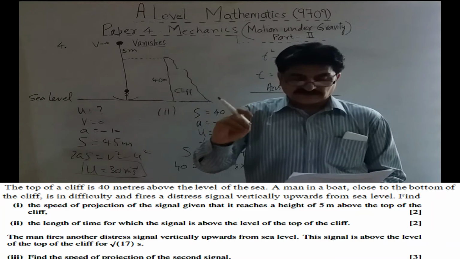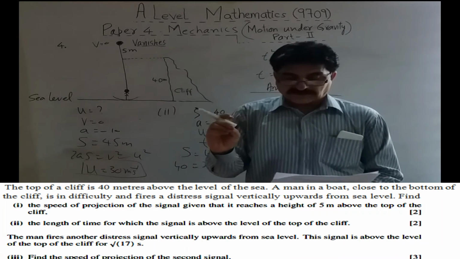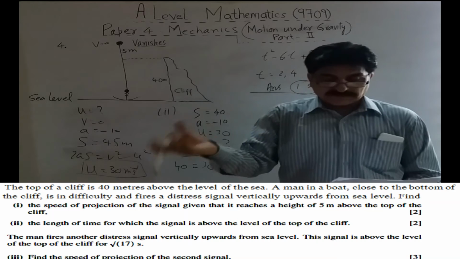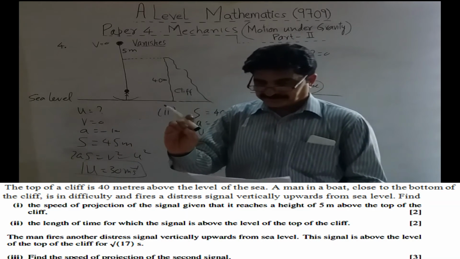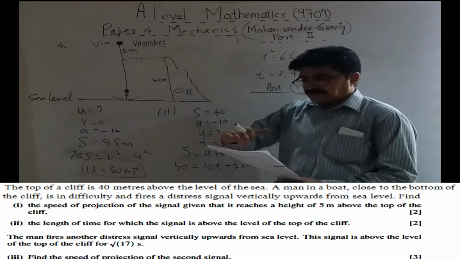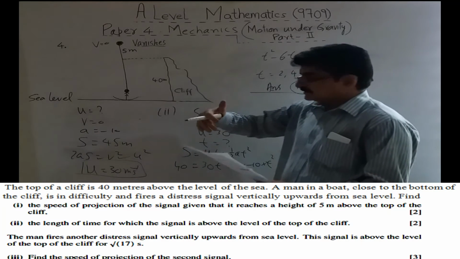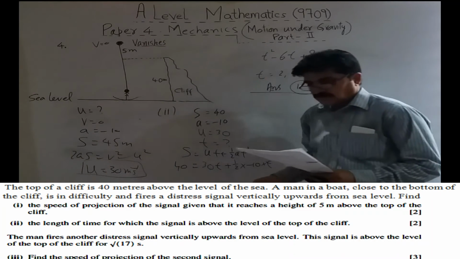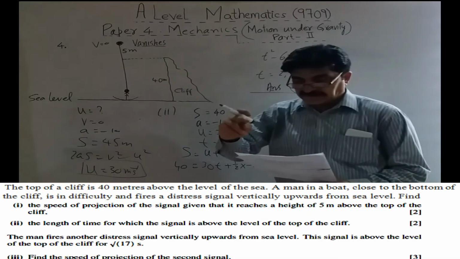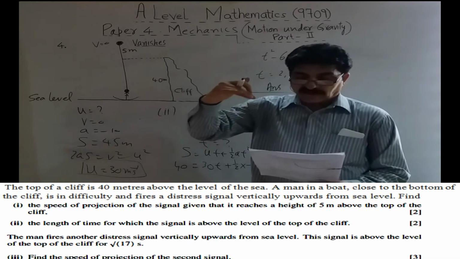misunderstood by many students. I have seen the mark scheme and the examiner report says that here the students made a mistake. They considered that again this is the time only from going this to this point or far upward. No, this is the time in which he is saying that the signal is above the level.